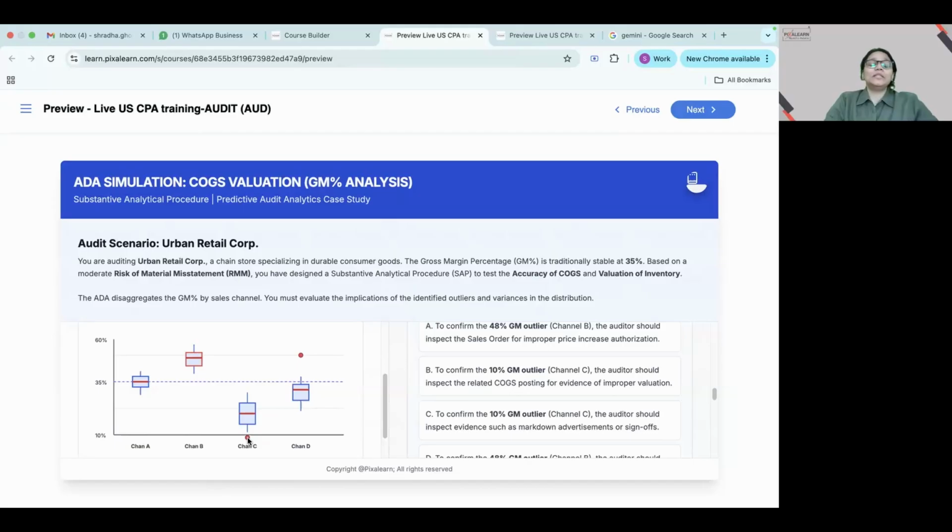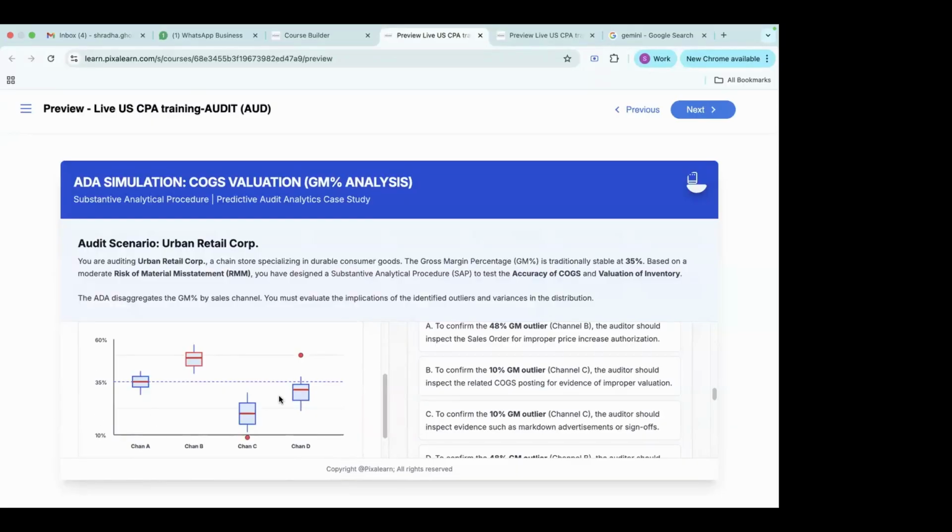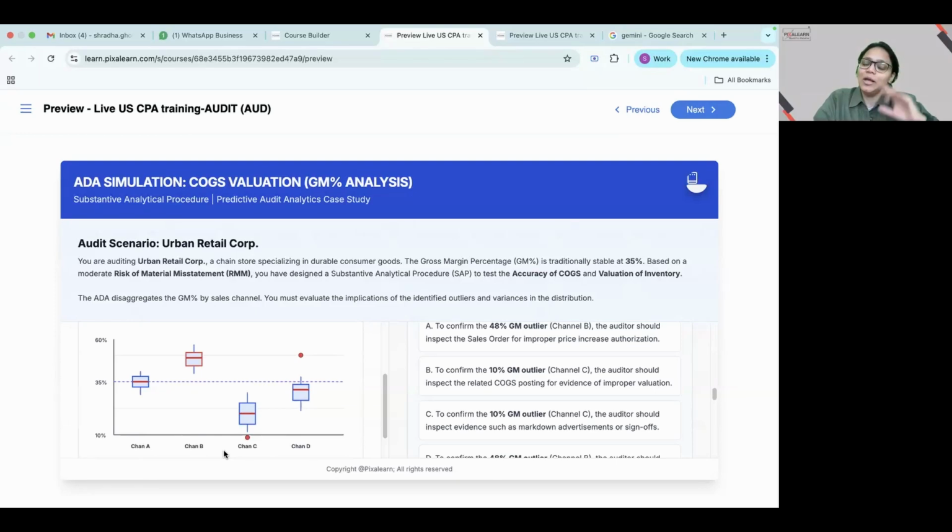No, but see, in real life, you are doing a channel-wise analysis for the sales, right? So that means you're looking at the sales data. Have you understood? And from the sales data, you're trying to interpret what would be the COGS, and then you're comparing the actual COGS with the prediction of COGS.